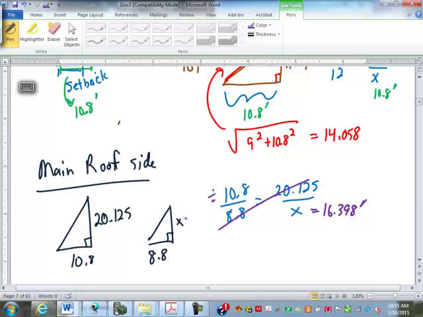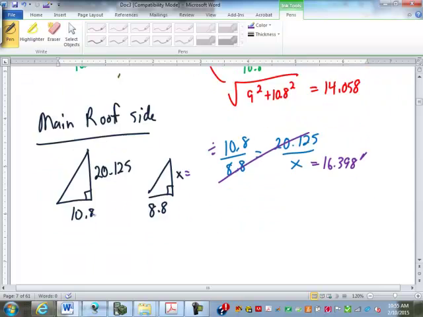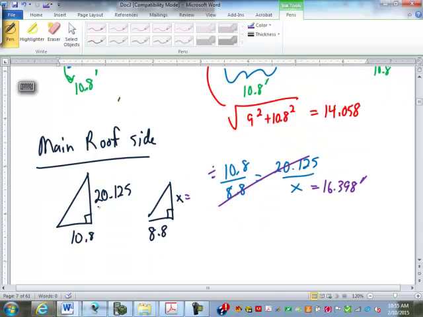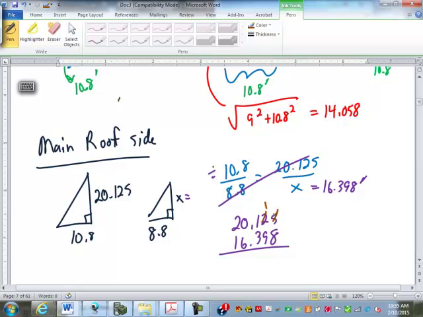That's this one. So now we have that. We're going to subtract that from the 20.125, and we get 3.727.